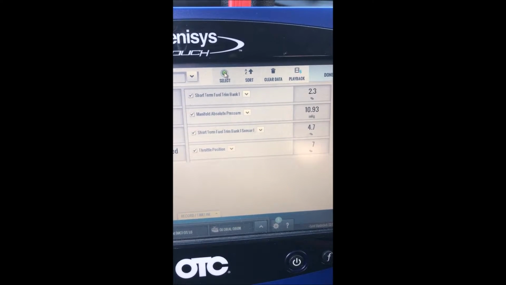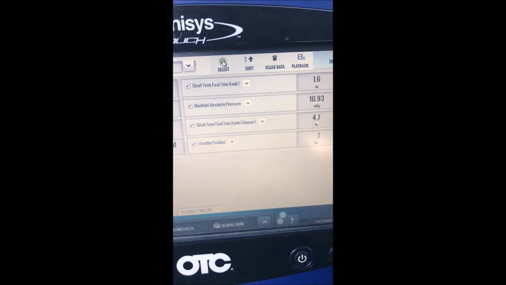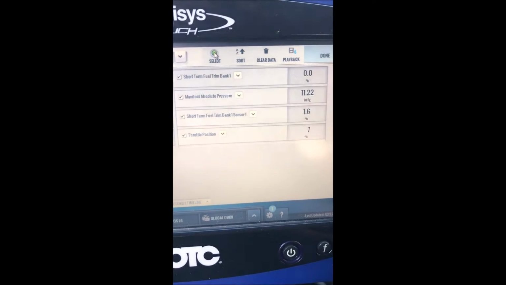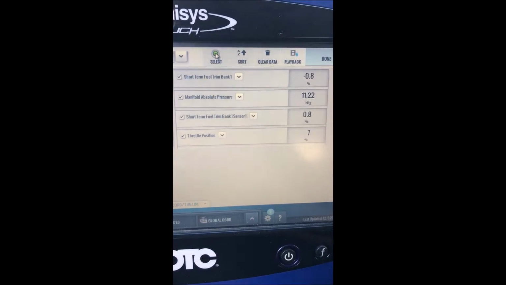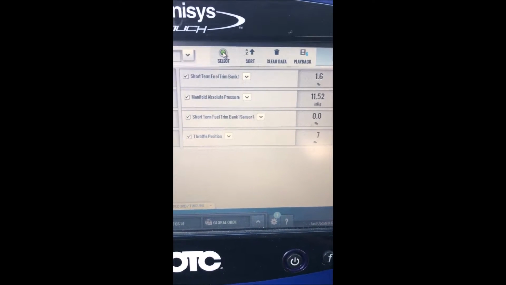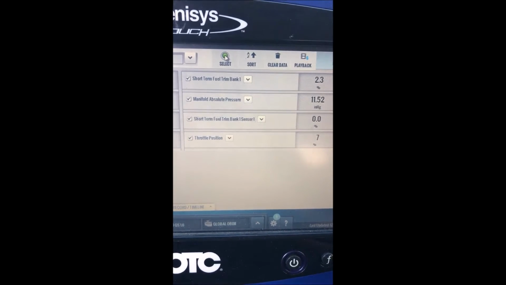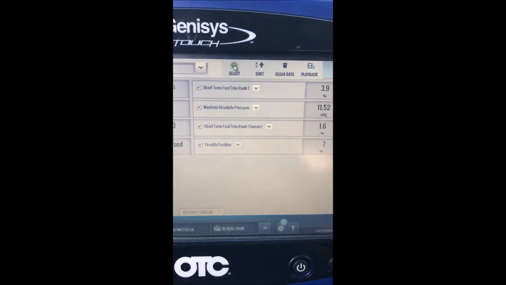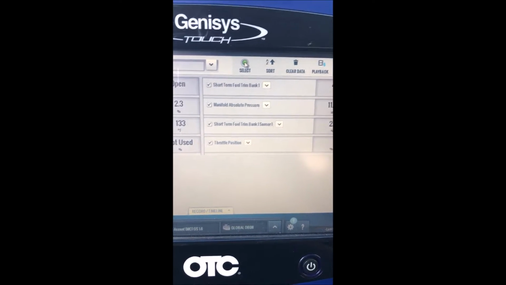Your manifold absolute pressure is the pressure in your manifold. It's going to affect how much air and fuel is going to get mixed in. And of course, your throttle position is going to affect that as well. If your throttle opens up more, you're going to have more air, so it's going to need to put more fuel in to keep that mixture right.